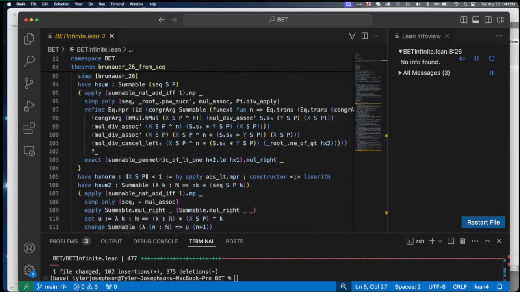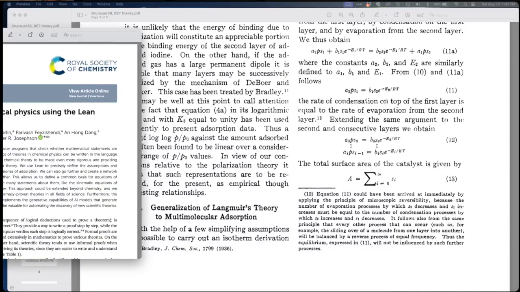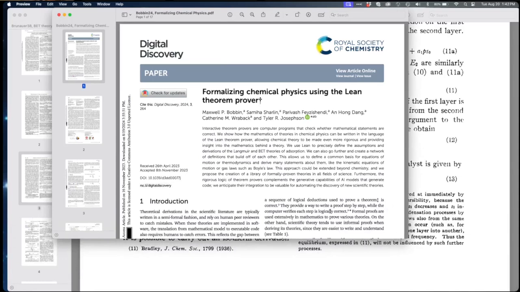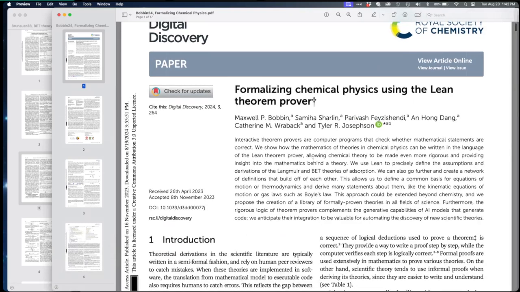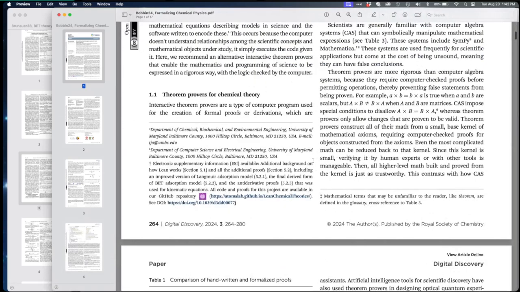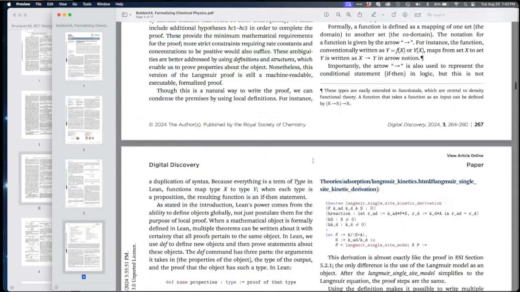But if we go to our paper, you can get a general idea of the proofs that were involved.